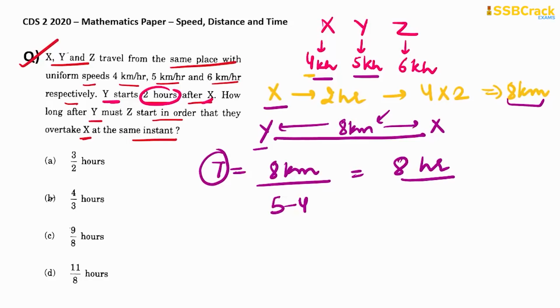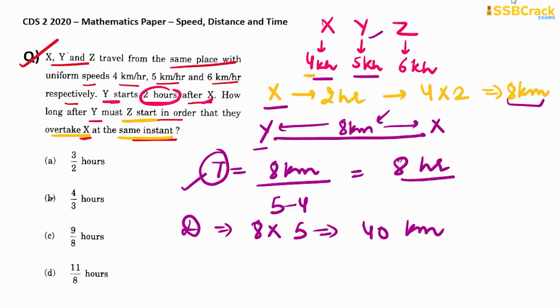Now in 8 hours, how much distance is covered by y? So distance covered by y will be 8 into the speed of y, which is 5. So it will be equal to 8 fives are 40 kilometers. Now we are required to find out how long after y should z start so that he overtakes x at the same instant as y, which means z has also covered the same distance.